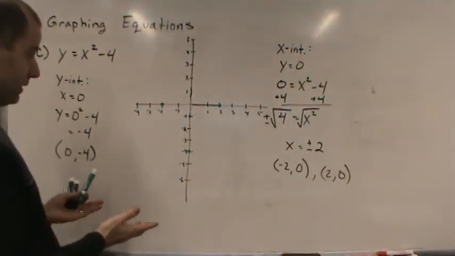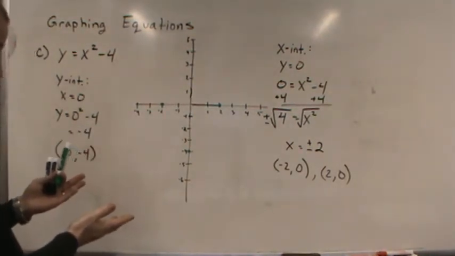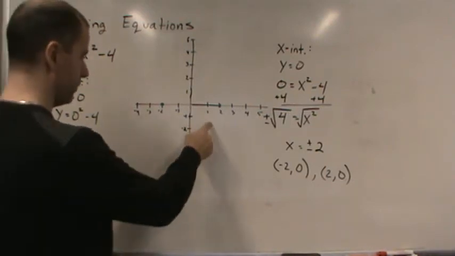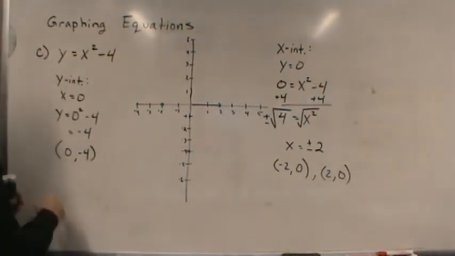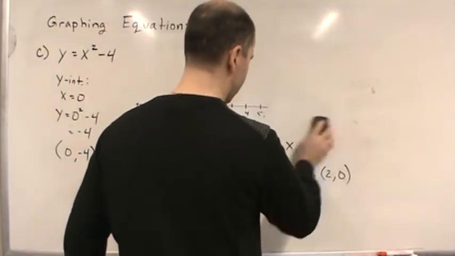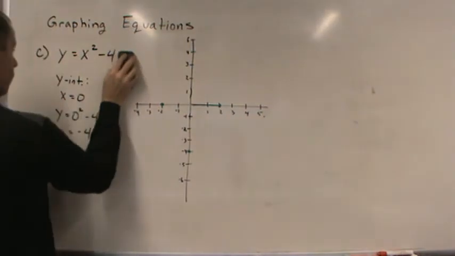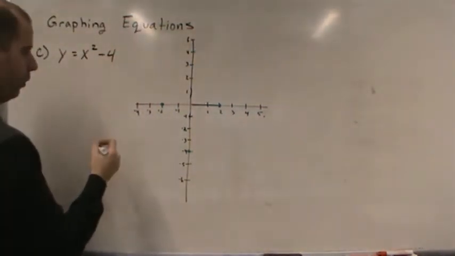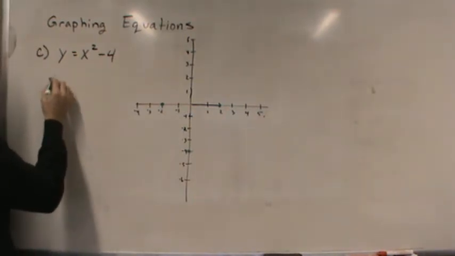Now, but if you wanted to plot some extra points, you're more than welcome to. You could plot 1. So let's go to 1. Okay, so now I'm going to erase this. And let's plot some other points. And let's do 1. Let's see what we get for 1.